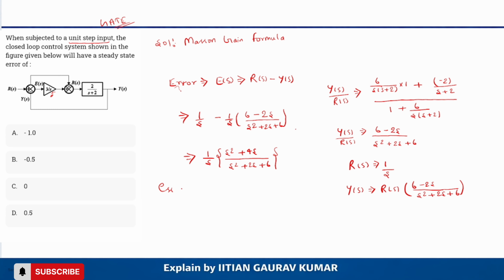Lastly, what is the steady state error? The steady state error formula is limit s tends to 0 of s into E of s.